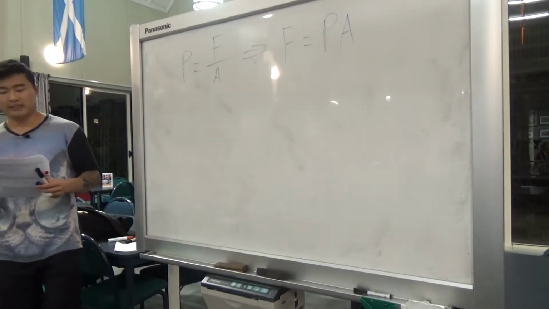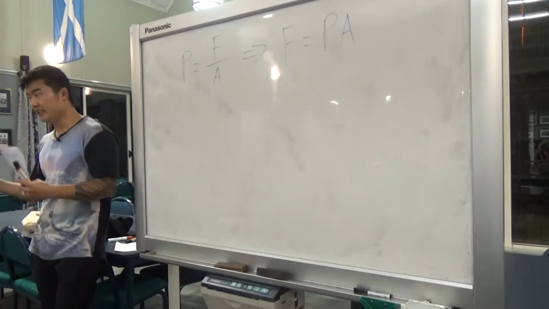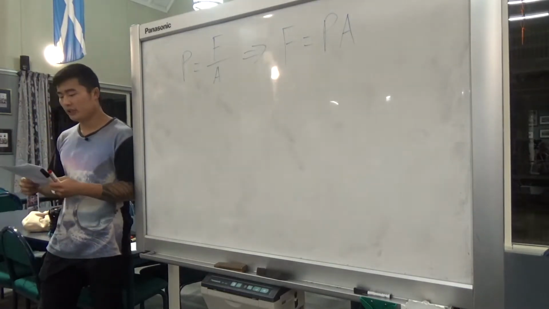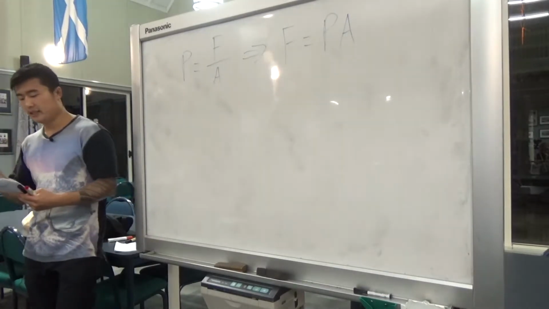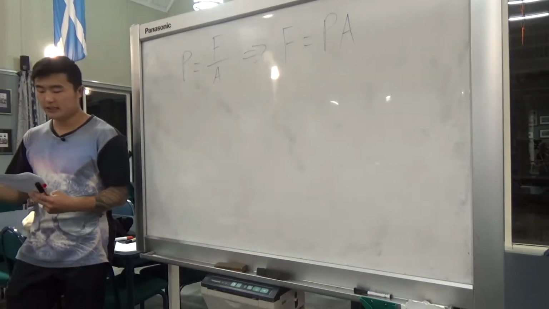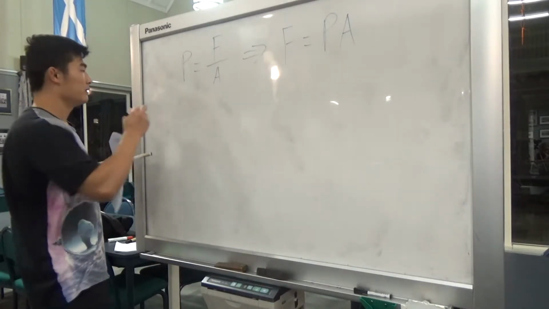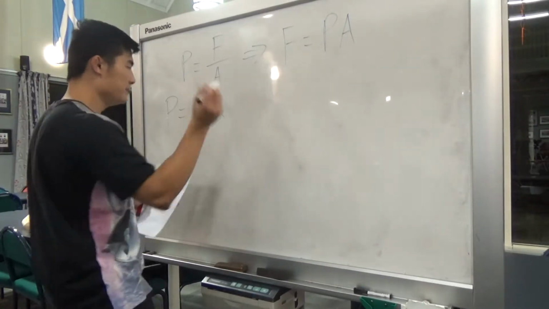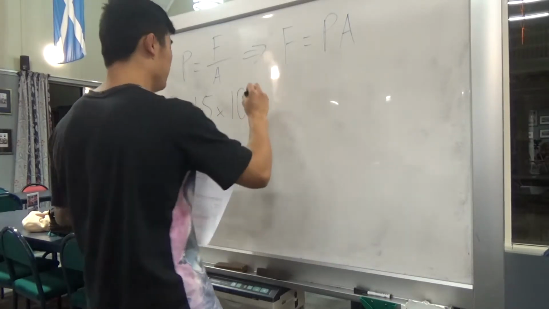Okay, so this one here is a little bit trickier because they've given you the pressure in atmospheres. So 1 atmosphere is equal to 101.3 kilopascals. So you need to have your pressure in pascals before you enter it into your equation. So our pressure here is equal to 1.5 times 101,300 pascals.